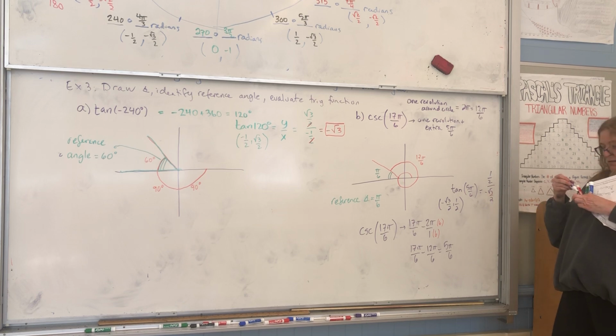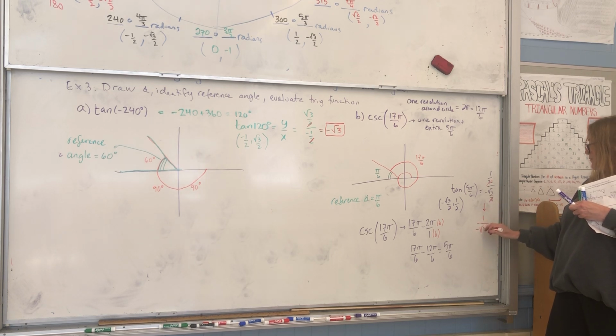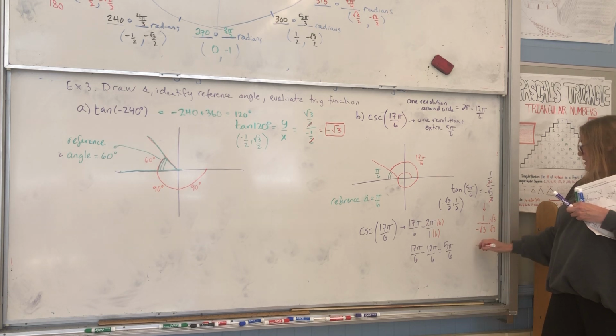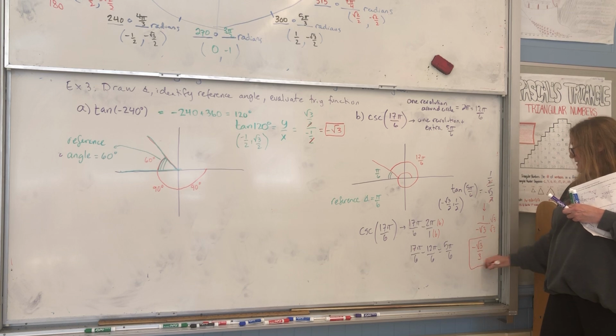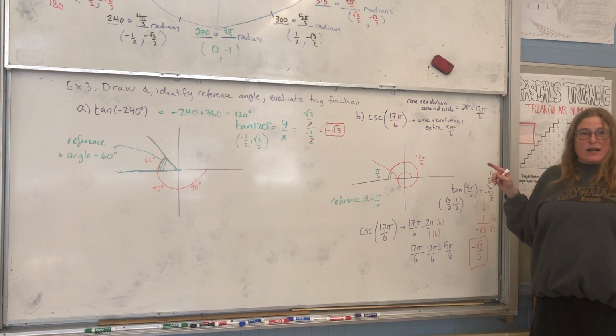Okay, guys, we're almost done. That's equal to 1 over negative root 3, and I have to rationalize it. So it gives me negative root 3 over 3. That's the same thing as tangent 5 pi over 6 and cosecant 17 pi over 6.